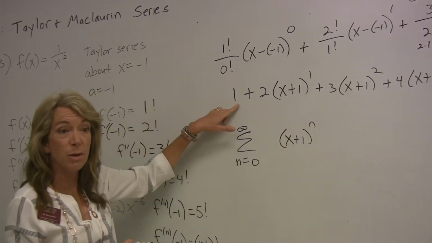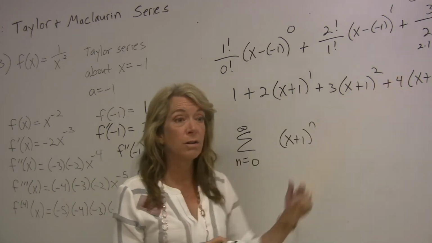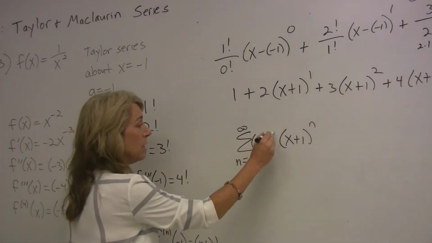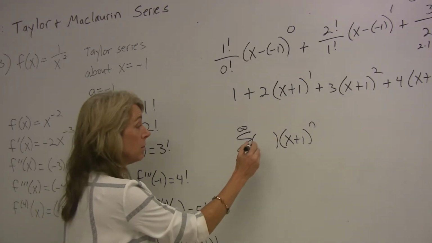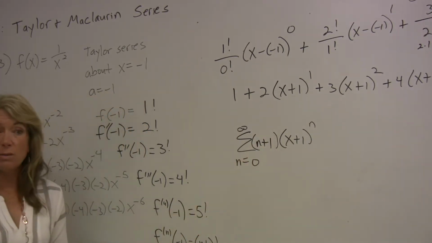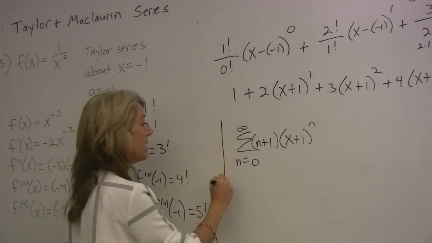I have x plus 1 to the 0, x plus 1 to the 1, the 2, the 3, the 4, and so forth. And the only thing I have in front here is, say it again, Chad? N plus 1. That coefficient is always one more than whichever term I have. And that is our series.